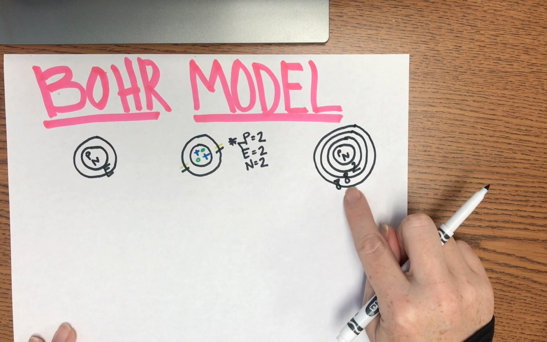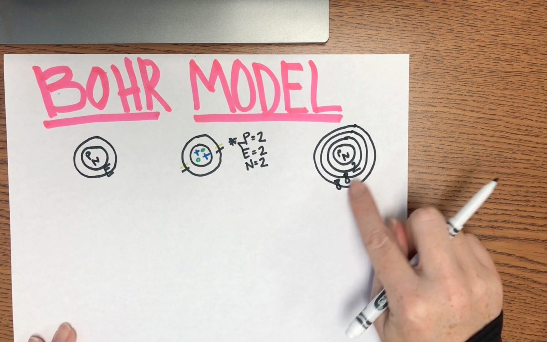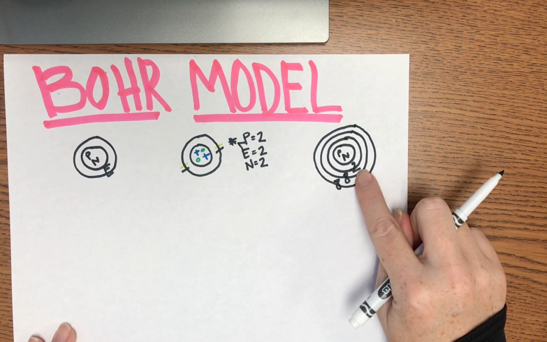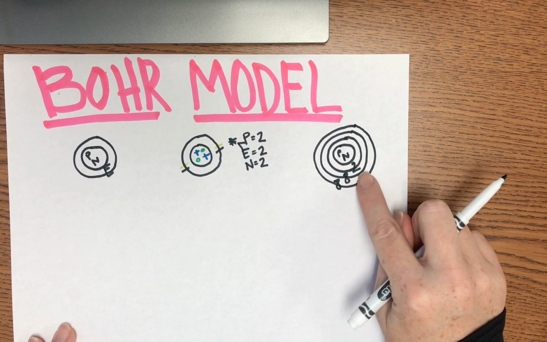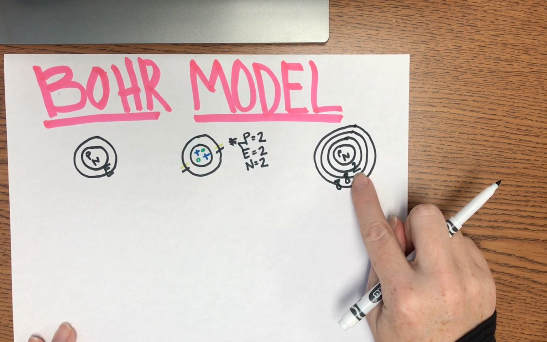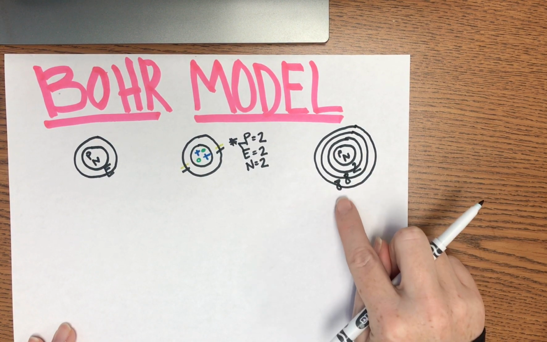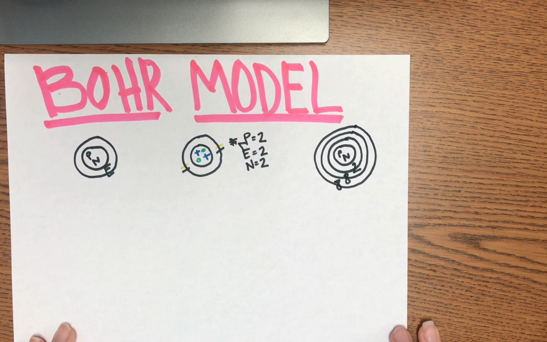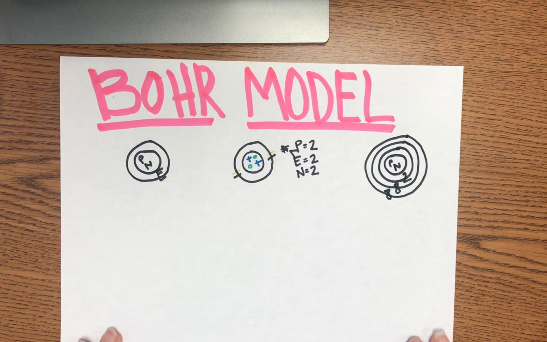If you have more than 18 electrons in the atom that you're drawing, we would just go ahead and add a 4th shell. But really, we only need to remember that we have 2 in the first, 8 in the second, and 8 in the third. So let's go ahead and practice that a couple times.